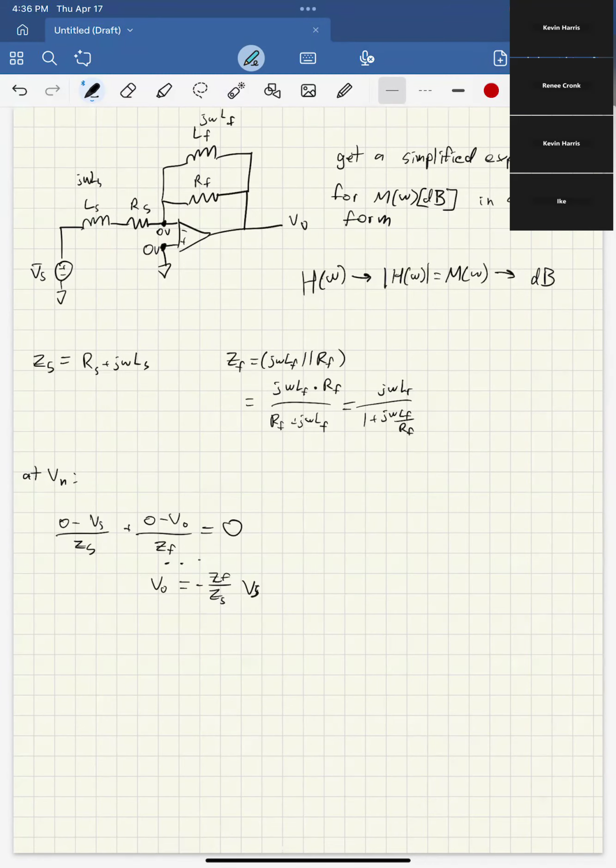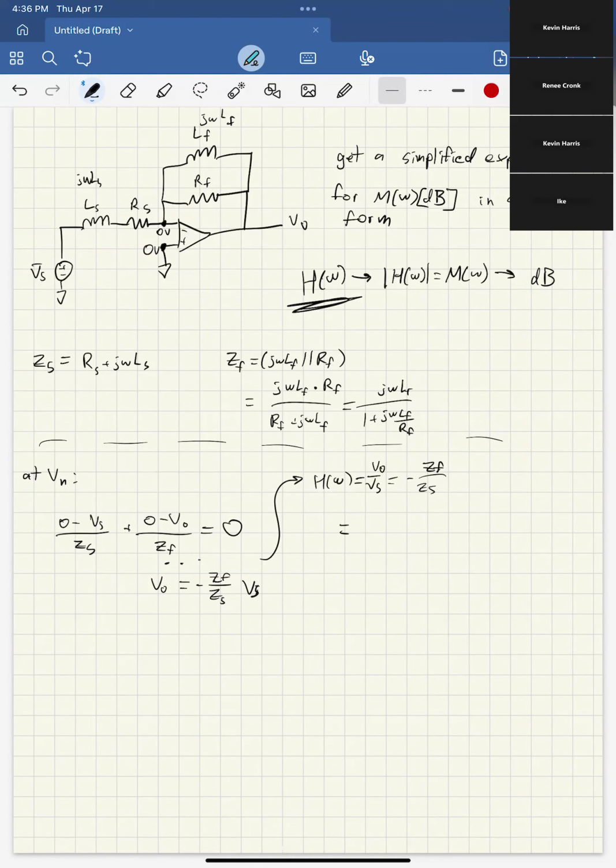Moving on, the first thing we have to find is H of omega. H of omega equals V out over V in, so that is VO over VS, which equals negative ZF over ZS, both of which we found.